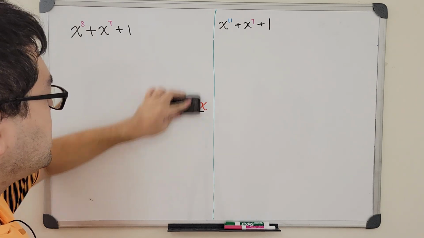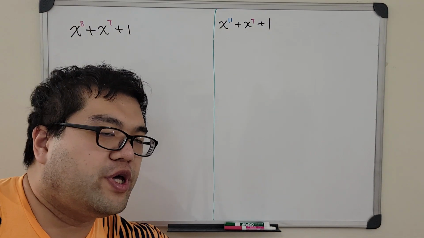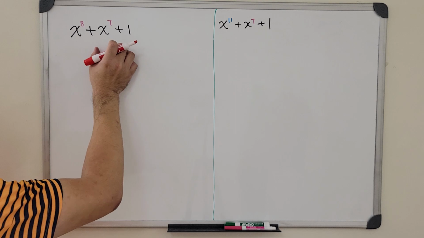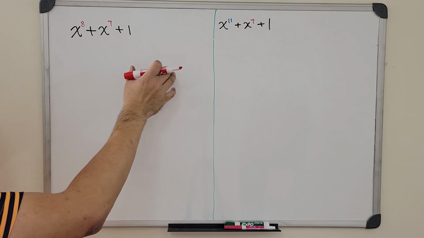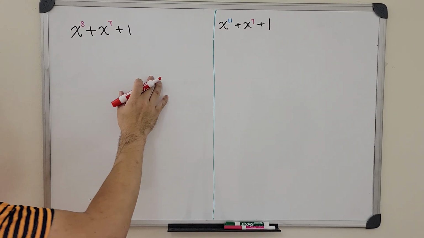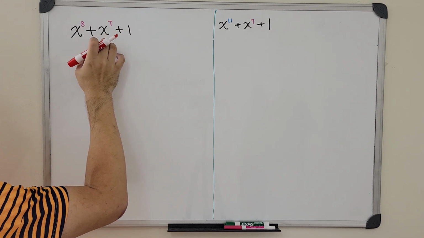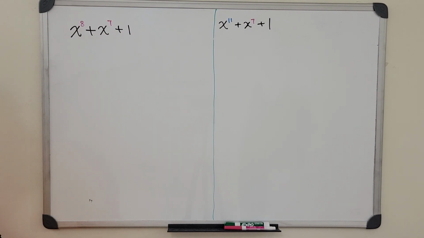Well, if we look at this example here, we can see that this time we're not only missing the third power, second power, and the first power, but we also miss the sixth power, fifth power, and fourth power.